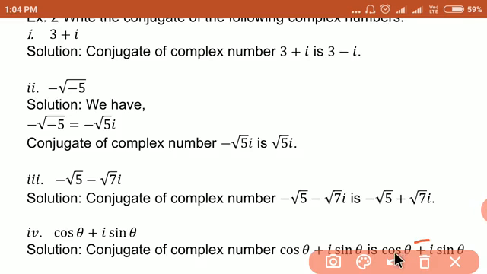Here is a printing mistake, so make the correction. Write this positive sign as a negative sign. Means the conjugate of complex number cos theta plus I sin theta is cos theta minus I sin theta. Remember this correction. Okay. Now see the next example, example number 3.